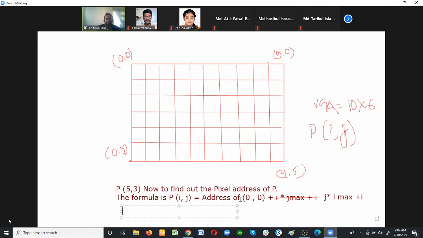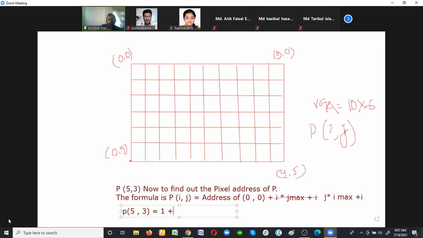So according to that, the first thing is when we take that i and j value, which is 5 and 3, we go for the address of the origin. As you know, the address of the origin 0, 0 is 1. So if 0, 0 is the coordinate value here, the first pixel address is 1.